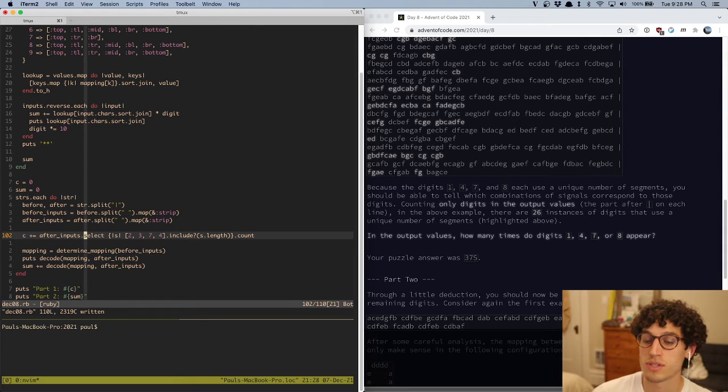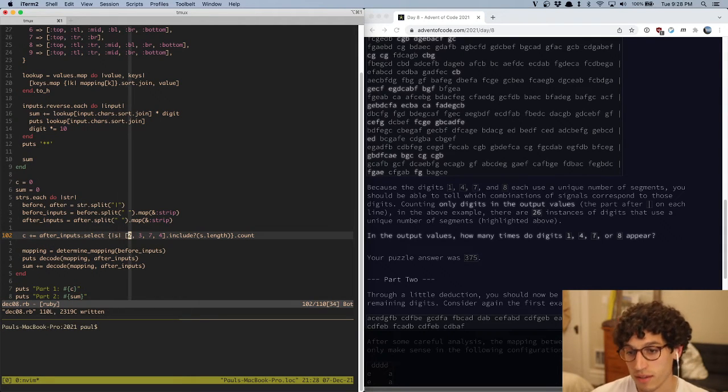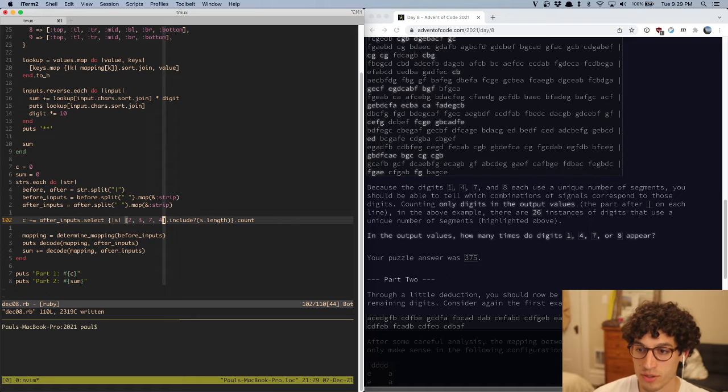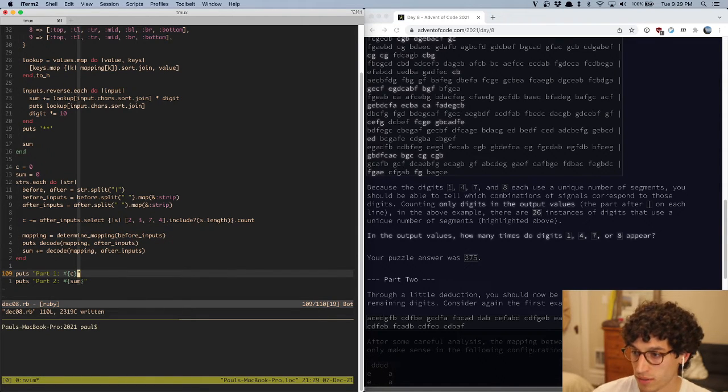How many values have a length of 2, which is 1, 3, which is 7, 7, which is 8, and 4, which is 4. 1, 7, 8, 4. So we just count how many values have that length, sum it up, and that's part 1, which is pretty simple.